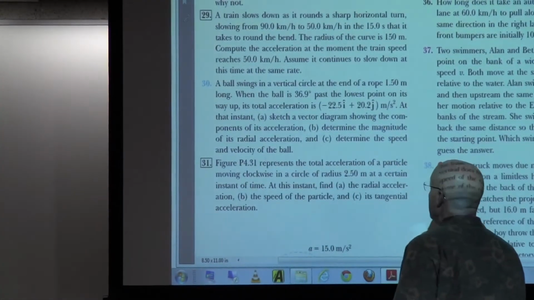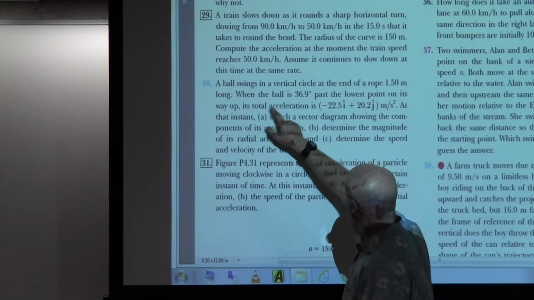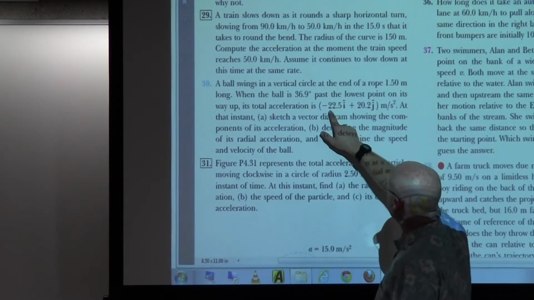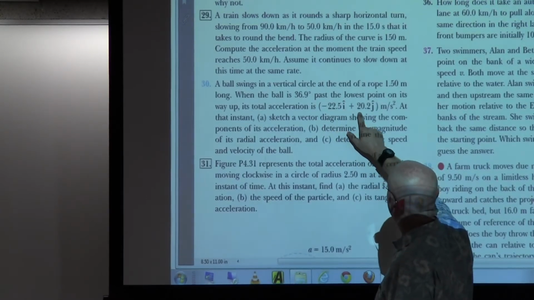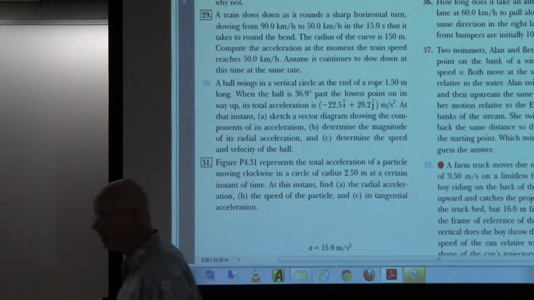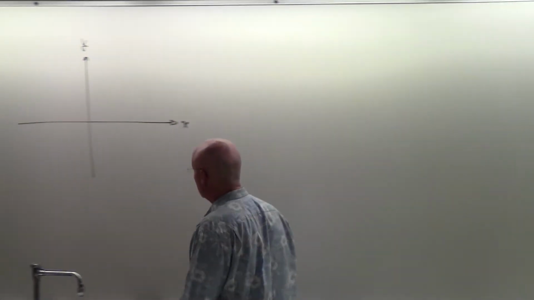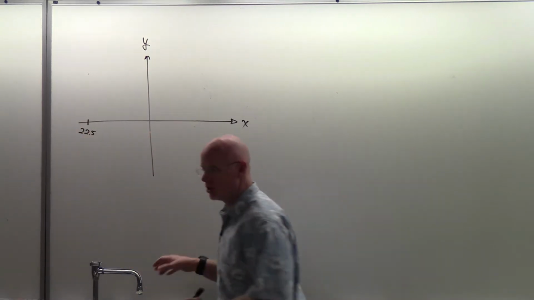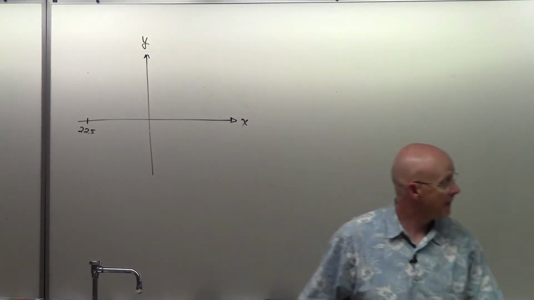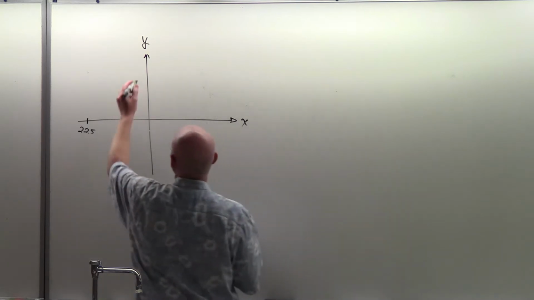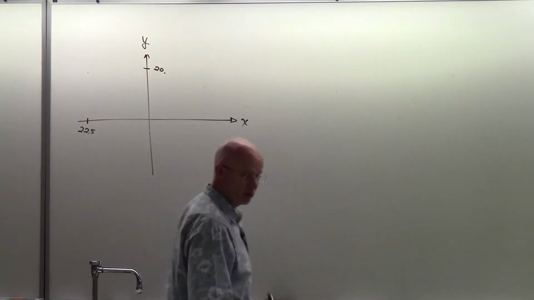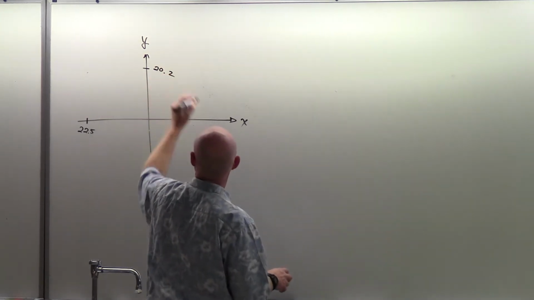Well, what have they given me? Again, they've given me the acceleration vector. They've given me the position of the ball at some angle on its way up. Well, let's do this one. What would a negative 22 i hat and a positive 20 j hat look like? So it would go this way, 22, actually it's 22 and a half, and it's up 20.2 and change.